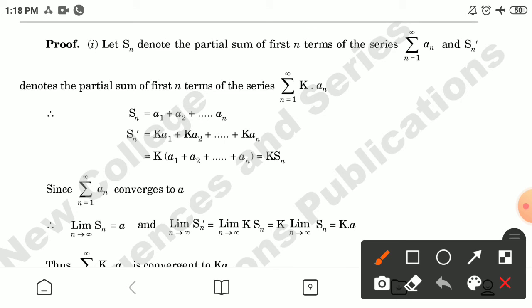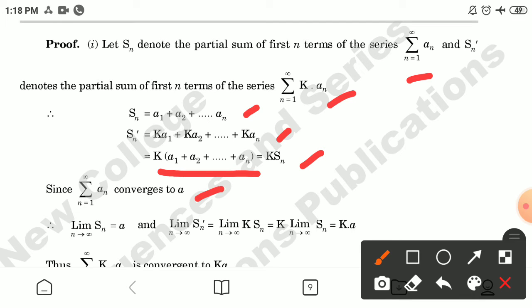For the first one, let Sn denote the partial sum of first n terms of the series summation an, and Sn dash denotes the partial sum of first n terms of the series k an, n is from 1 to infinity. Therefore, Sn is equal to a1 plus a2 plus so on an, and Sn dash is equal to ka1 plus ka2 plus so on kan, and taking k outside, this becomes k times Sn.